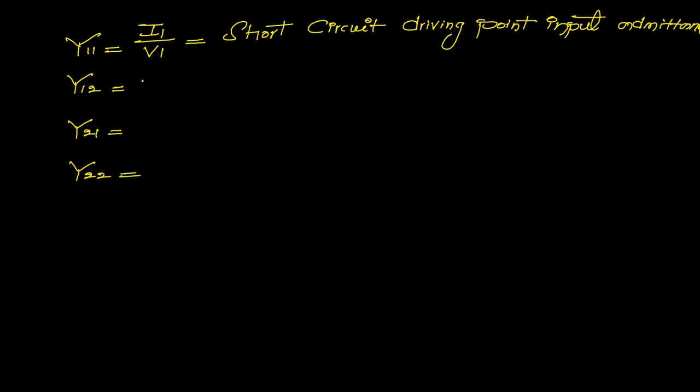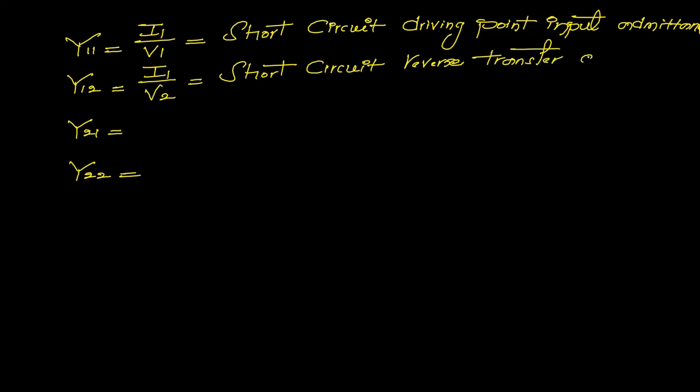Now Y12. We already got the expression, so Y12 is equal to I1 divided by V2, and we are calling it the short circuit reverse transfer admittance. So Y12 is the short circuit reverse transfer admittance.